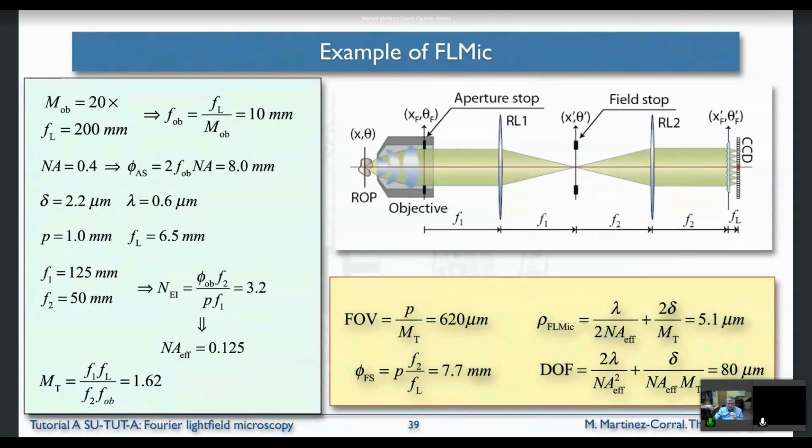It is convenient to have not exactly 3, so 3 point something. Therefore, the effective numerical aperture of our Fourier Lightfield microscope is the original one divided by the number of elemental images. This is the effective numerical aperture of any of the elemental images we are going to capture. And these are the numbers that we obtain.